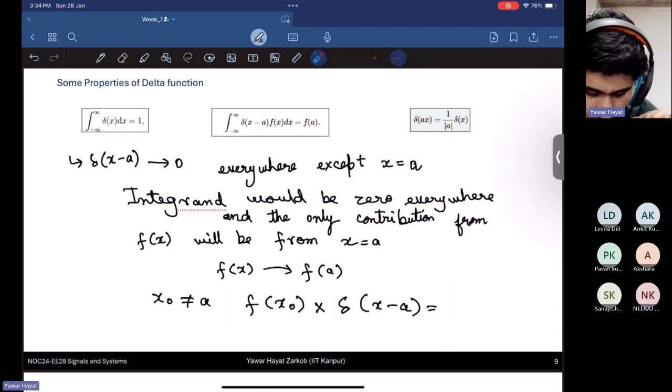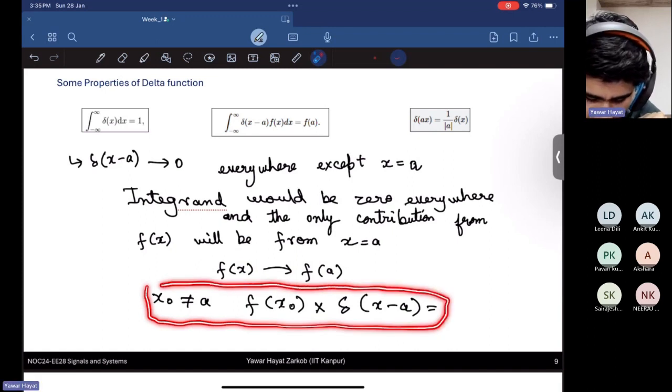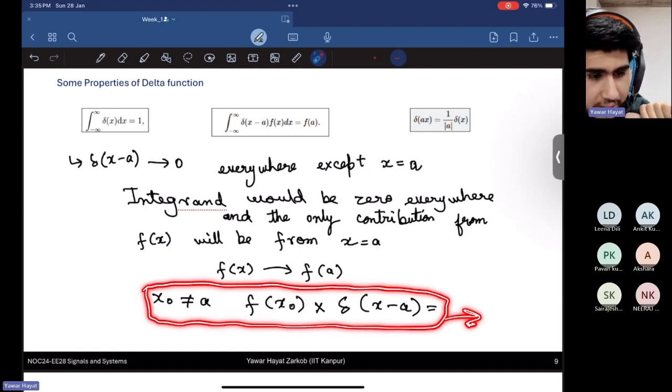So the only contribution that f of x is making is this f of a. Now my question is, if x naught is not equal to a, what would be the value of f of x naught times delta of x minus a?